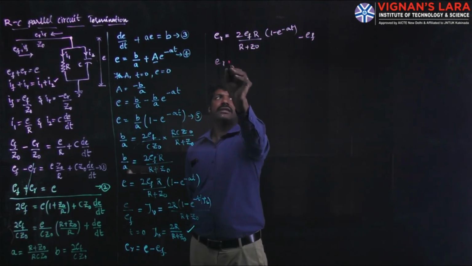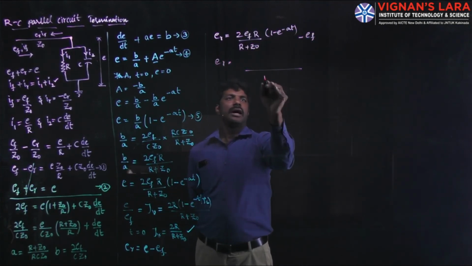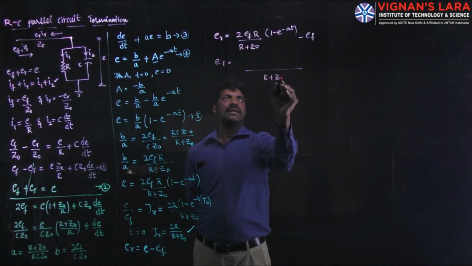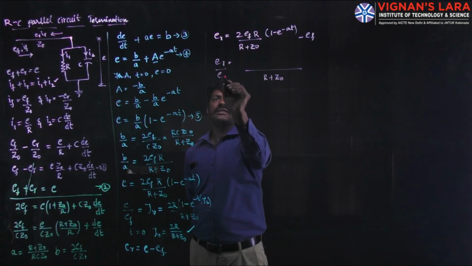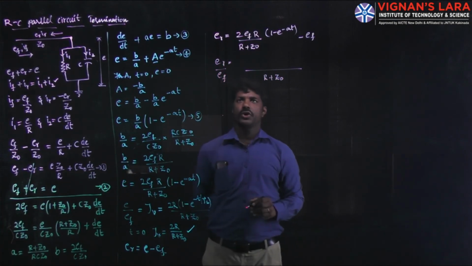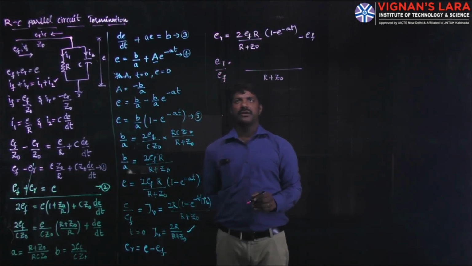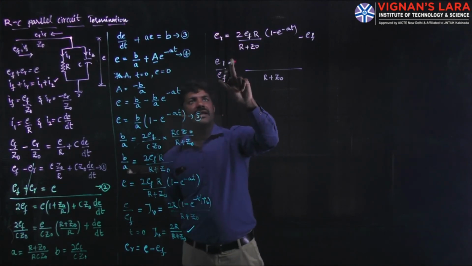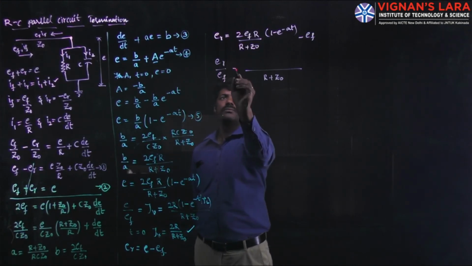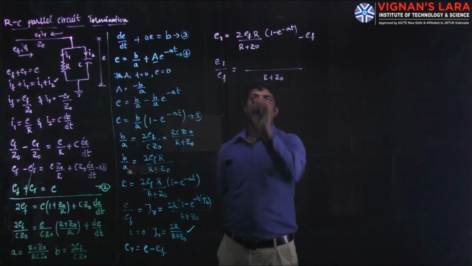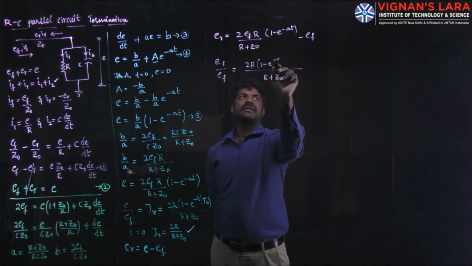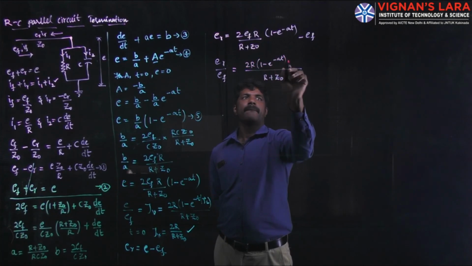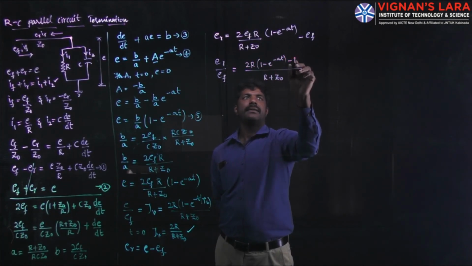Then ER is equal to, taking R plus Z naught as common as per our previous discussion, bringing this EF to this side to get the ratio or coefficient value, that is rho V, so that ER by EF is equal to 2R into 1 minus e power minus AT minus R minus Z naught.